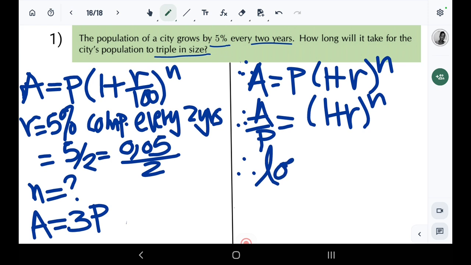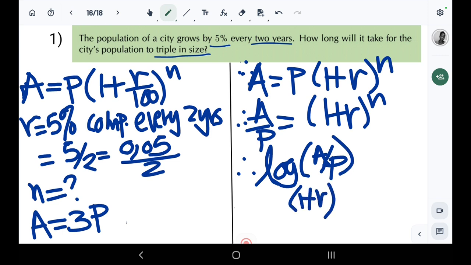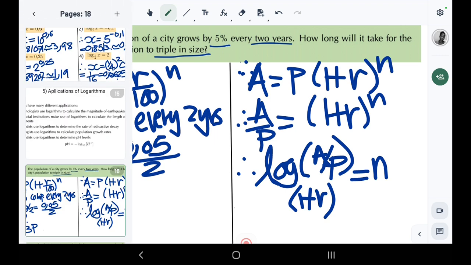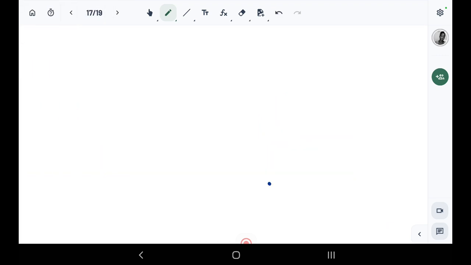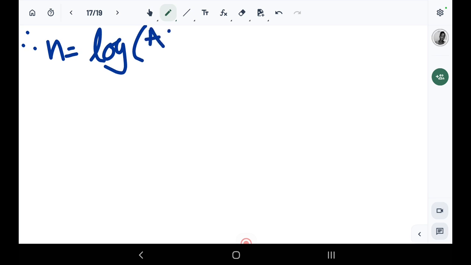Therefore, the log of the number, A over P in this case, to the base of 1 plus R equals N, the exponent. So therefore N equals the logarithm of A over P to the base 1 plus R.